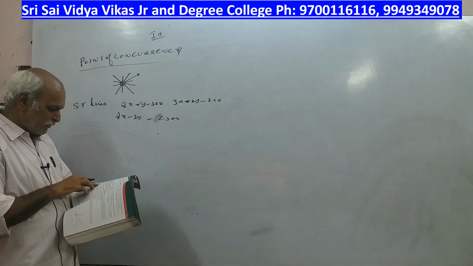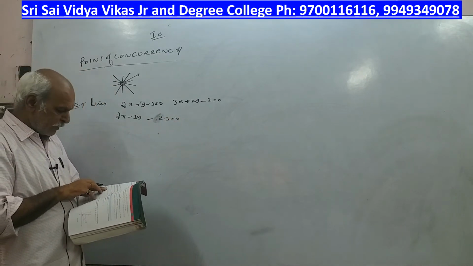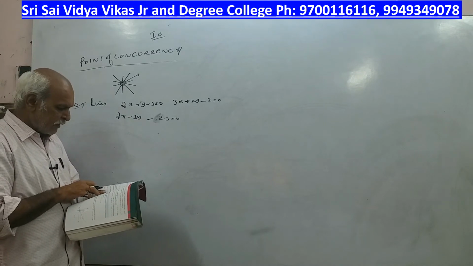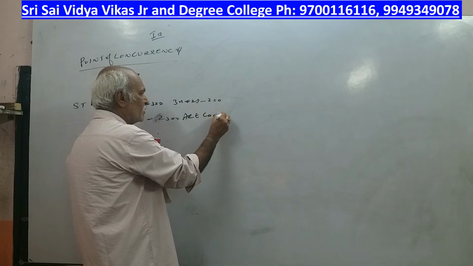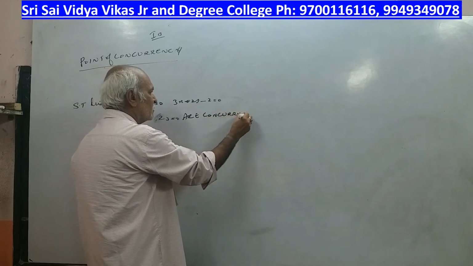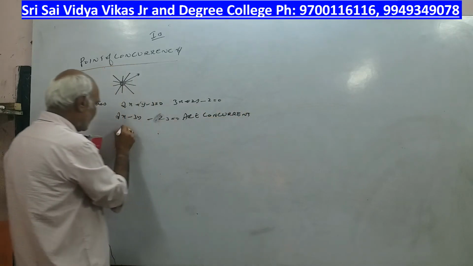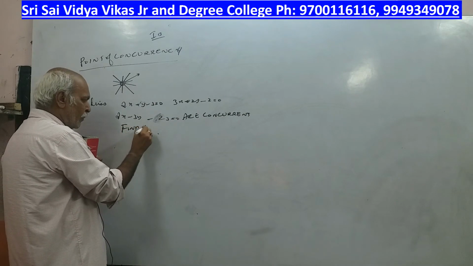First line 2x plus y minus 3, 3x plus 2y minus 2, 2x minus 3y minus 23 are concurrent and find point of concurrency.